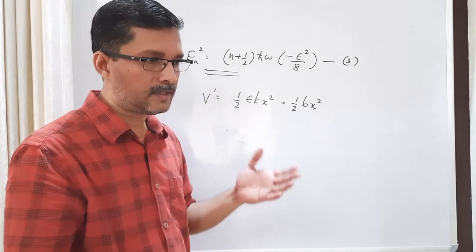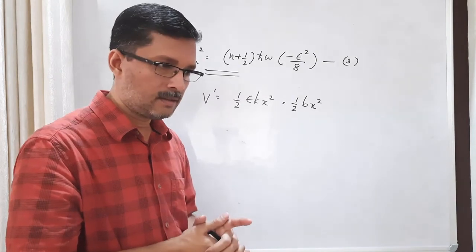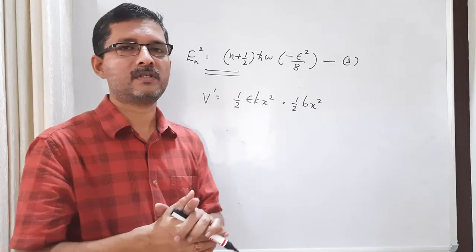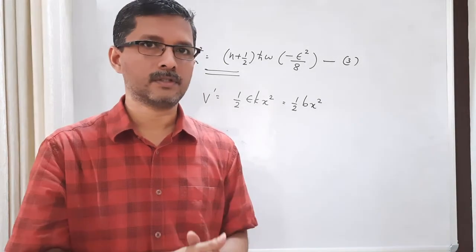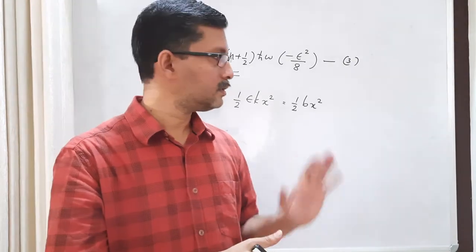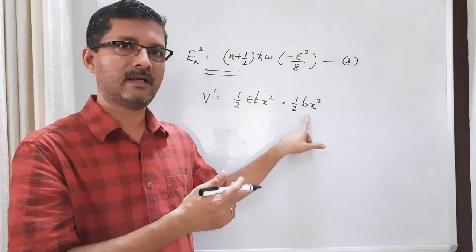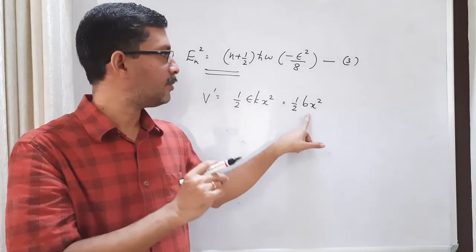See, if an exact solution is possible when you apply a perturbation, then the exact result and the approximation result will give you the same value. We have seen this type of situation when you apply a constant perturbation to a system. This is not a constant perturbation, but the perturbation is exactly a quadratic term, or a harmonic oscillator potential, a parabolic potential.